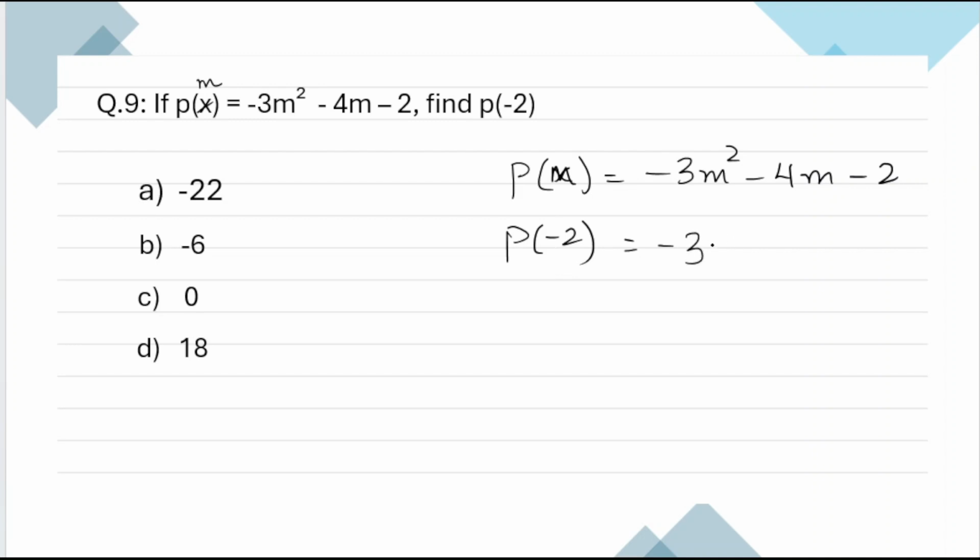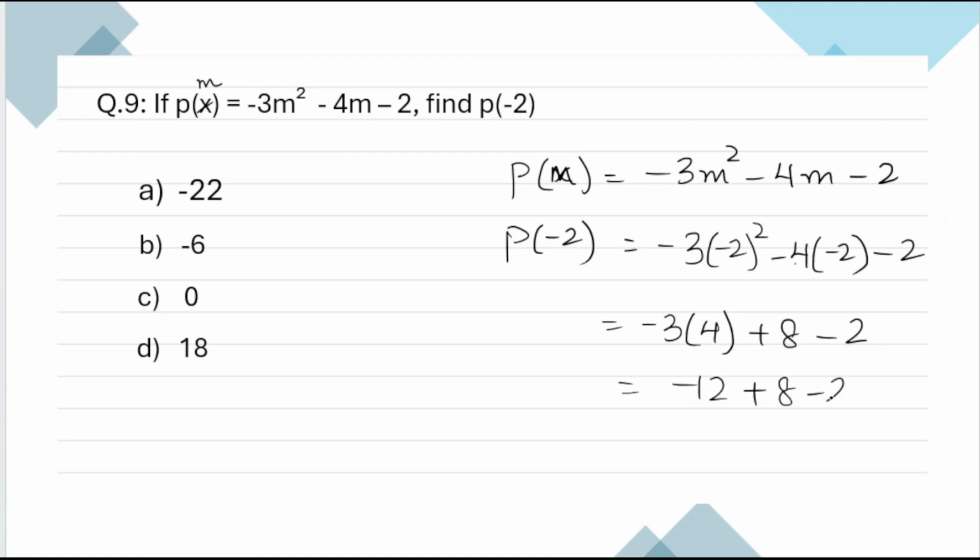So negative 3 times negative 2 square, negative 4 times negative 2, minus 2. Now negative 3 times negative 2 square is equal to negative 12. Negative 4 times negative 2 is positive 8, minus 2. So it's negative 12 plus 8 minus 2. Negative 12 plus 8 gives me negative 4, minus 2, and it gives me negative 6. So our correct answer is option B, negative 6.